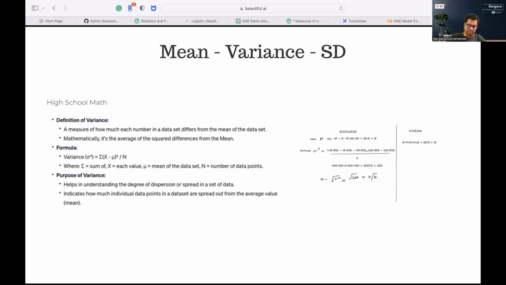The example that I'm going to show will tell you how dispersed the data sets are between two examples. There is a data set A and data set B. When you calculate the variance, you will understand how dispersed the data points are relative to the mean. And you understand how this can be incorporated within regression models.